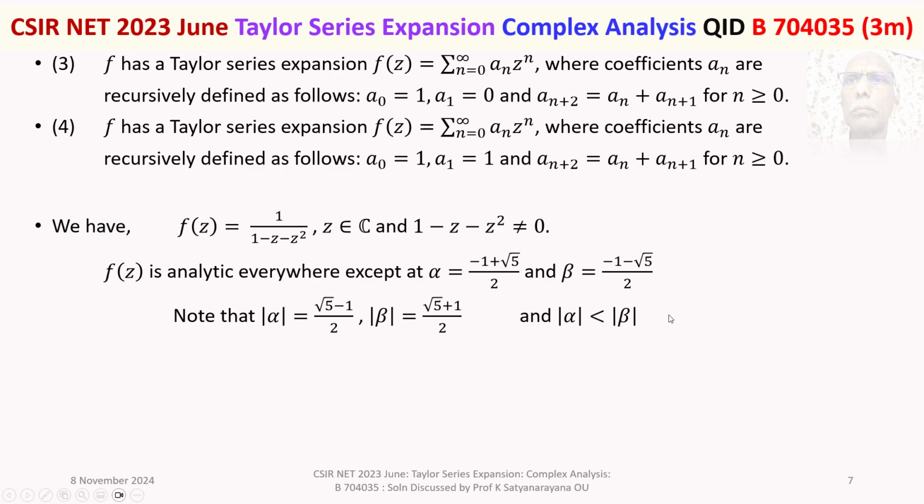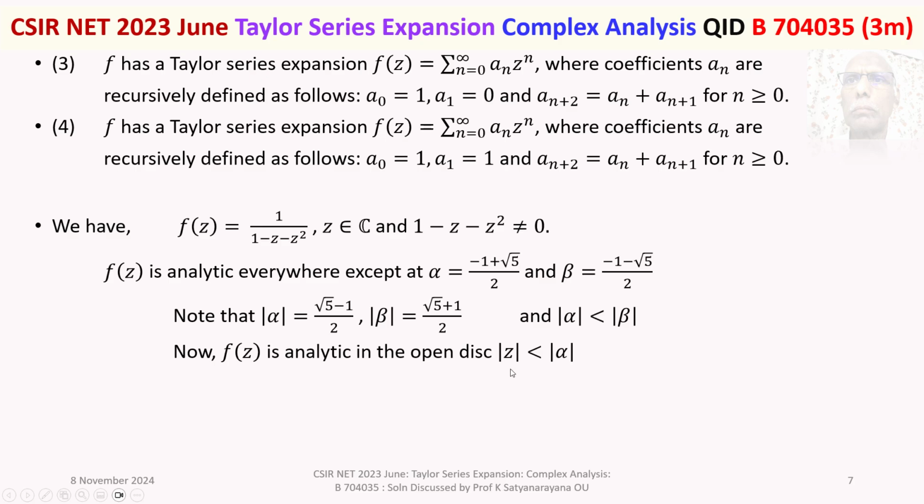Therefore, if you consider the open disk with center 0 and radius mod alpha, then f of z is regular in that open disk. Now f of z is analytic, that is, regular in the open disk mod z less than mod alpha.